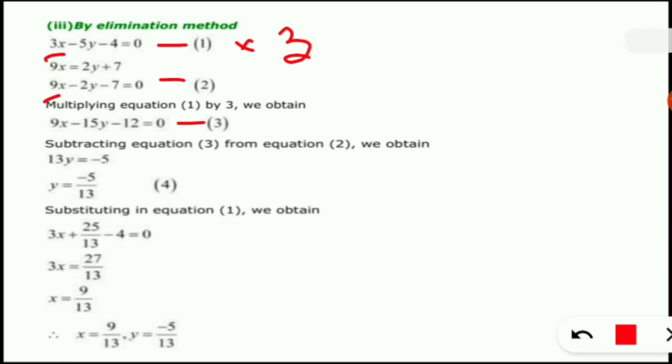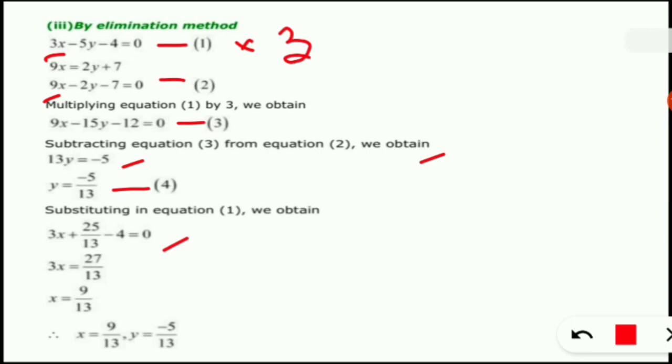After that, subtracting equation 3 from equation 2, we obtain 13y equals minus 5, so y equals minus 5 by 13. This is equation 4. Clear? Now substituting in equation 1, we put y equals minus 5 by 13 in equation 1. So 3x minus 5y, that is minus 5 into minus 5 by 13, which is plus 25 divided by 13, and minus 4 equals 0.